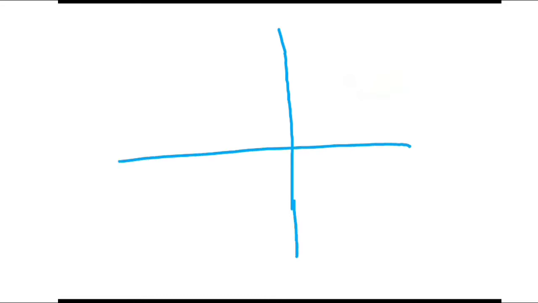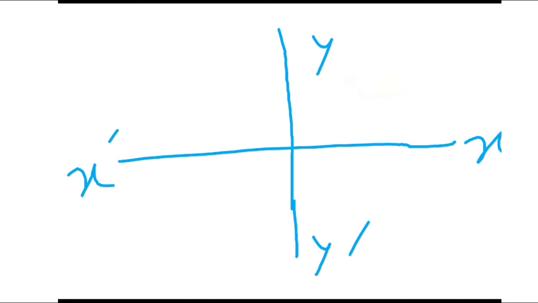When you draw a graph, we simply follow the four quadrant method, where we use two axes, x and x dash, and y and y dash.